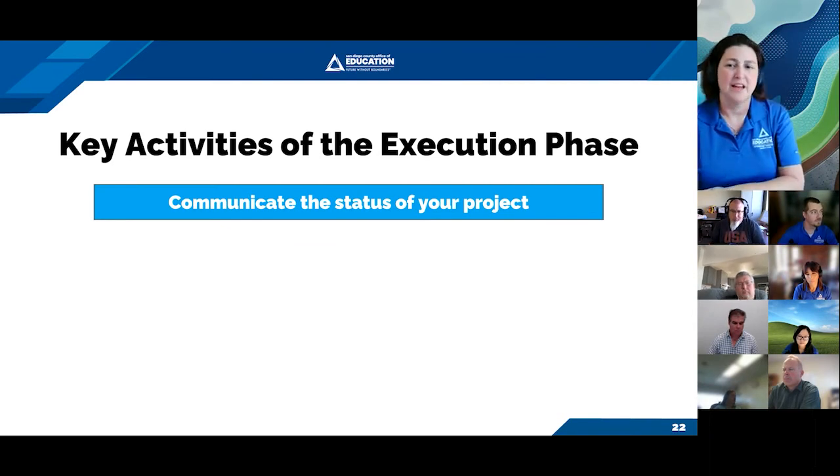Those status reports go out to your project team, your stakeholders, your steering committee, anybody who needs to be kept up to date with the status of the project. And you also want to make sure that you're communicating both up and out when needed. Communicating up means talking to your sponsor and your steering committee, and out means communicating to all of your various stakeholder groups. So, all right, home stretch, you guys ready?